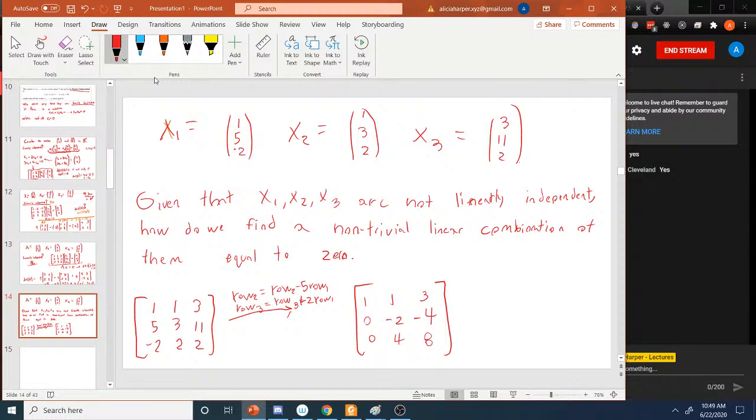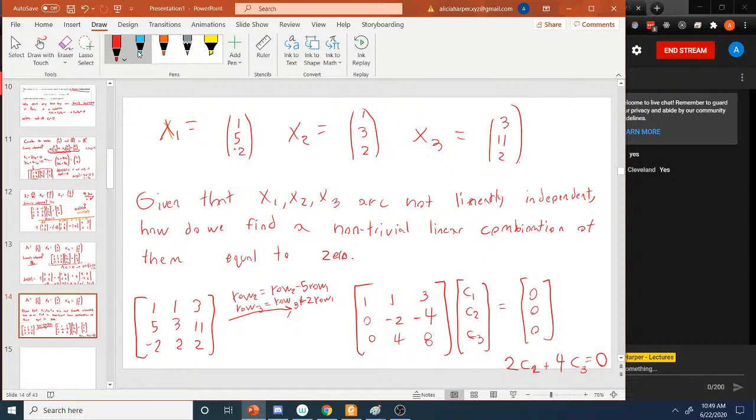Now I could do more row operations to this, but I don't really need to, because let's see what has to happen. If I multiply C1, C2, and C3 by this matrix, you see that in particular 2 times C2 plus 4 times C3 has to be equal to 0.